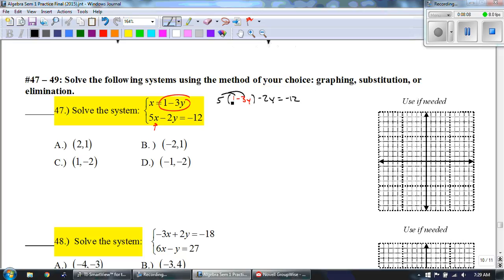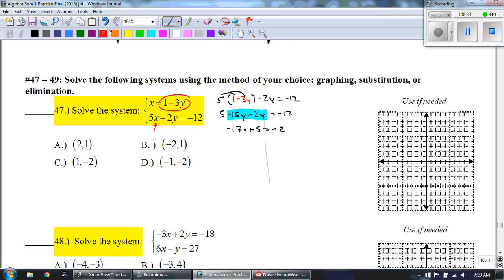We're going to distribute to get 5 minus 15y minus 2y equals -12. I'm going to combine my like terms, and I get -17y plus 5 equals -12.